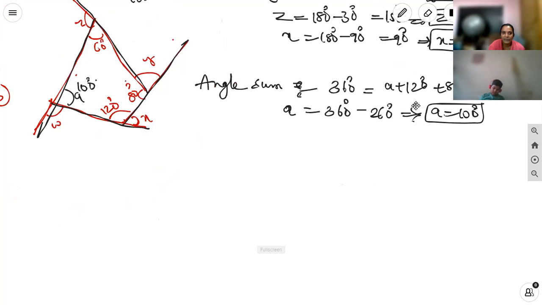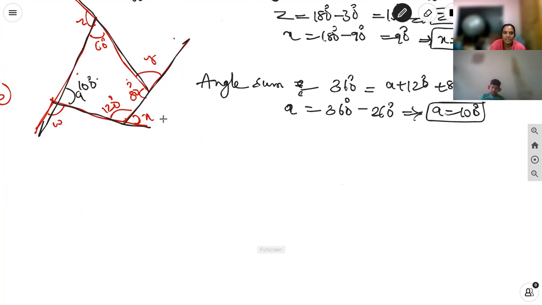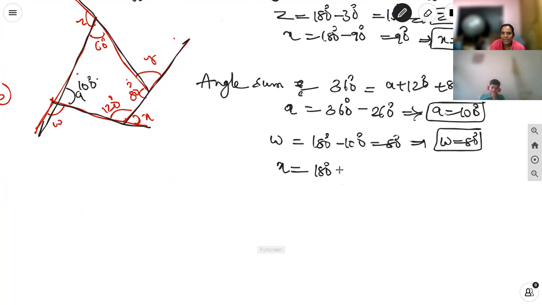From that, we can find X, Y, Z. All are straight lines only. So W equals 180 minus 100, which equals 80 degrees. In the same way, for X, using the supplementary angles of a straight line, X equals 180 degrees minus 120, which equals 60 degrees.